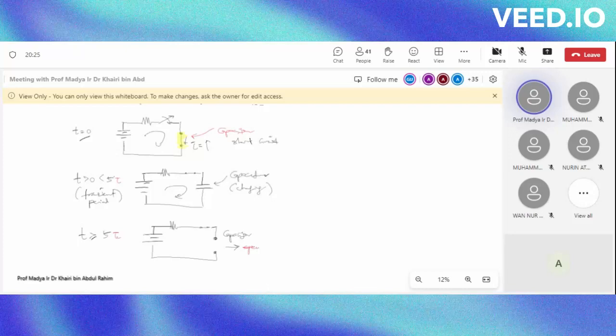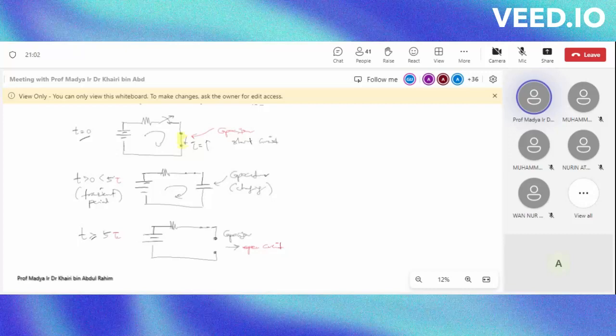Open circuit. Open circuit. Okay. So this is a very important concept that you have to know. Okay. That after a certain time period, capacitor will become open circuit. So don't worry when you see a lot of capacitors in a circuit. Okay. Most of the time, it becomes open circuit. So when it becomes open circuit, there's no current flowing through here.